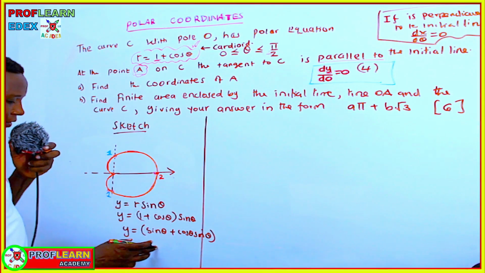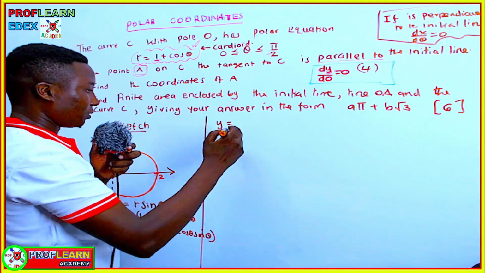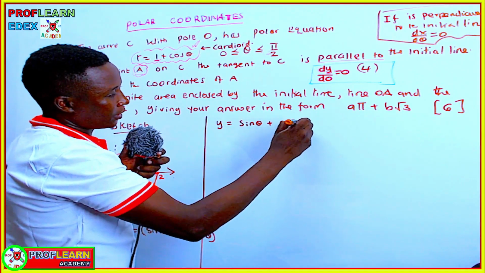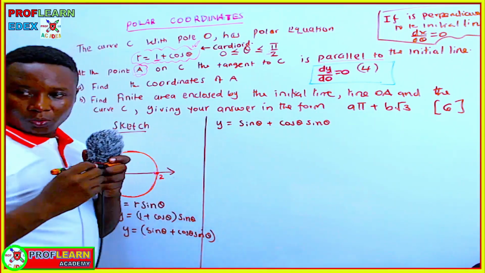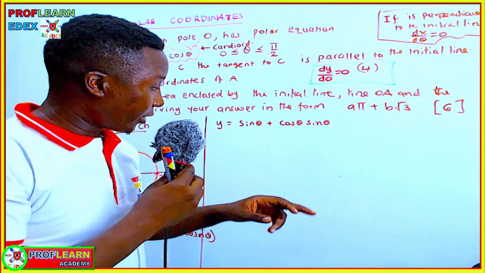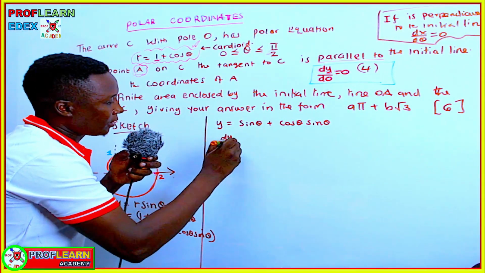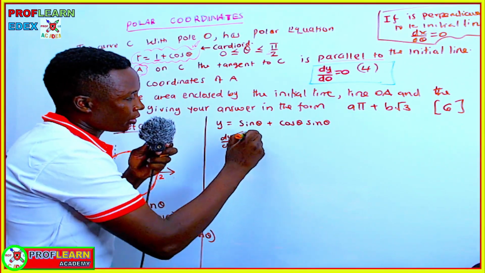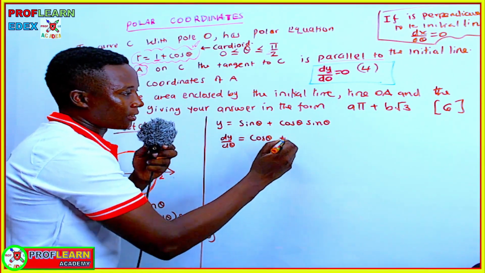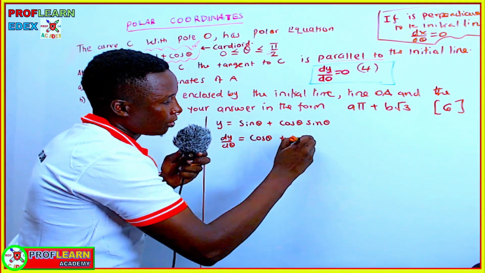So we have y equals sine theta plus cos theta sine theta. Since it is parallel to the initial line, we are going to differentiate this, dy/d theta.